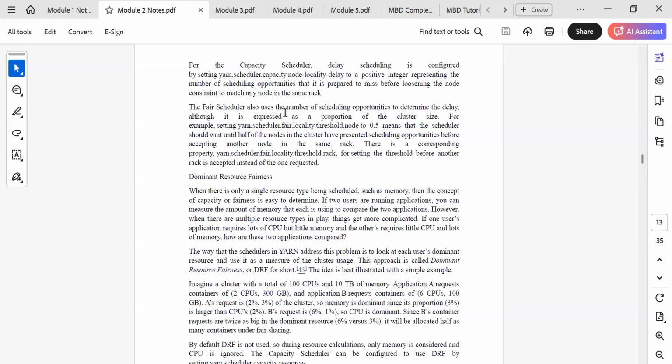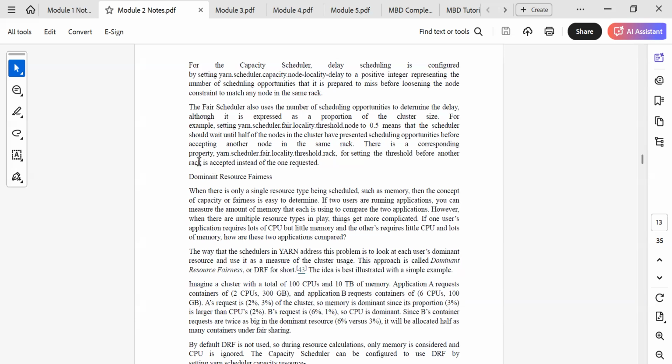The fair scheduler also uses the number of scheduling opportunities to determine the delay, although it is expressed as a proportion of the cluster size. For example, setting yarn.scheduler.fair.locality.threshold.node to 0.5 means that the scheduler should wait until half of the nodes in the cluster have presented scheduling opportunities before accepting another node in the same rack.